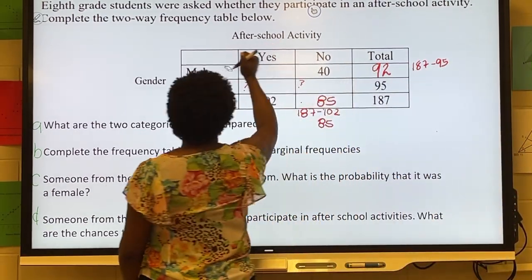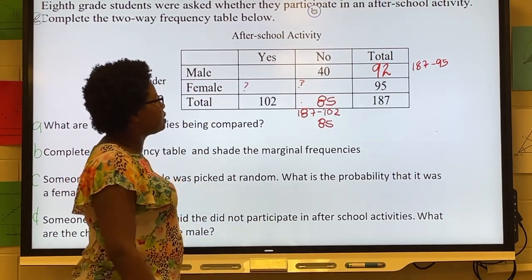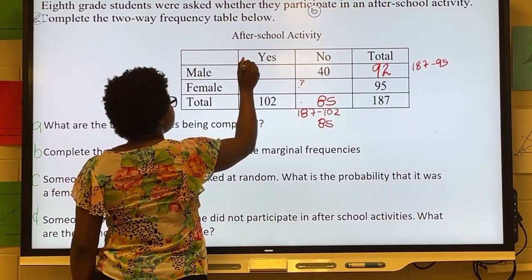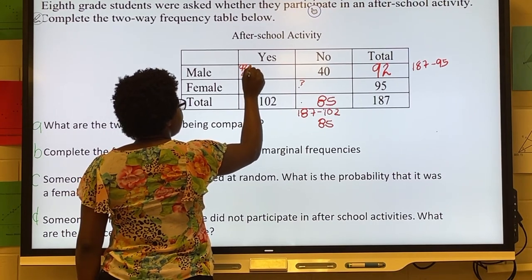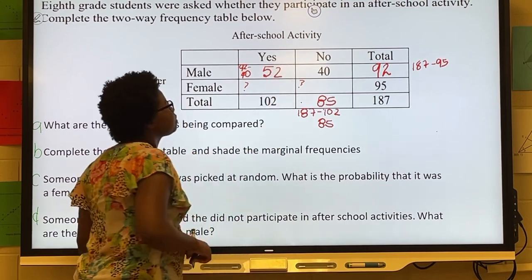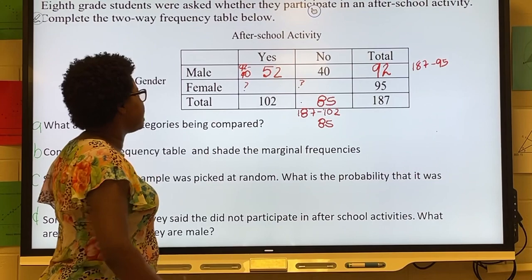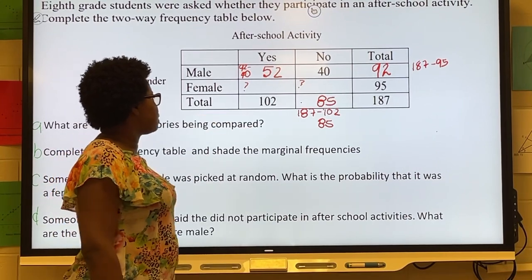Alright, and if you want to go across, you can. I'm going to be doing that. To find the top region here for males who said yes, it would have to be 92 minus 40, and that should give us 52 for our answer. Now we can either do this one or that one because they both have two numbers inside of their cells. So I'm going to do this one first.